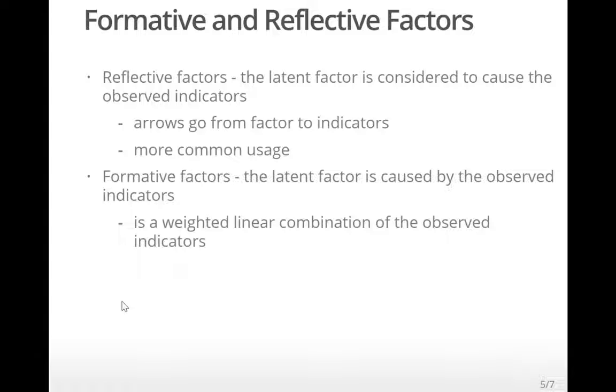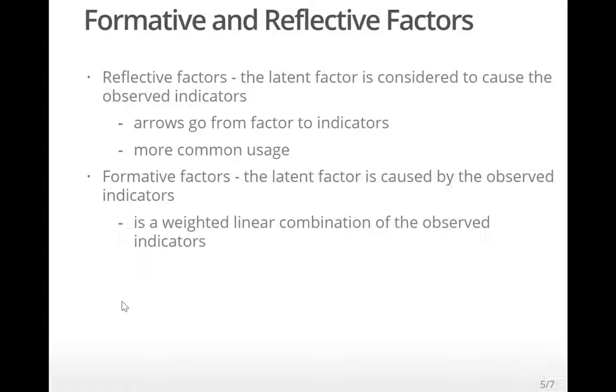Many of them may not be very highly correlated with each other, but when you put them together in an optimal linear combination, they are very useful for explaining variance in other things. This is a place in the broader literature where formative factors have been used pretty commonly.